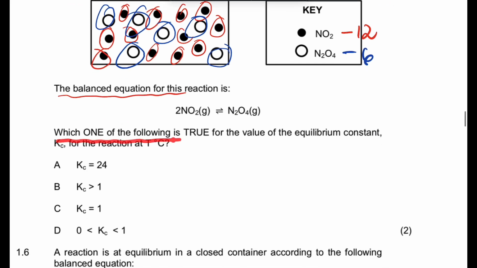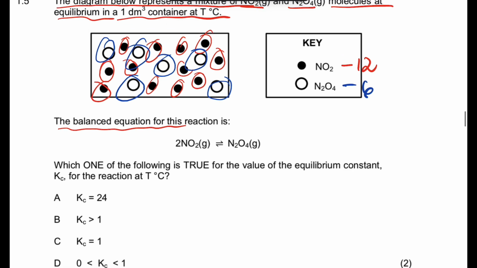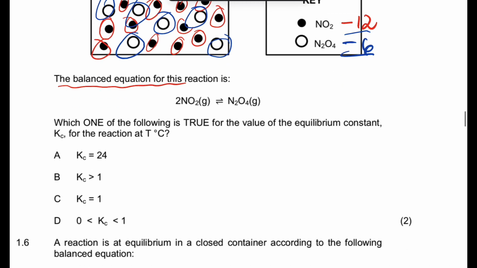It says which one of the following is true for the value of the equilibrium constant, Kc, at temperature T. Is the value going to be equal to 24, greater than 0, and so on? So what we're going to do is calculate the Kc using these molecules here. Kc is equal to the concentration of products over the concentration of reactants.